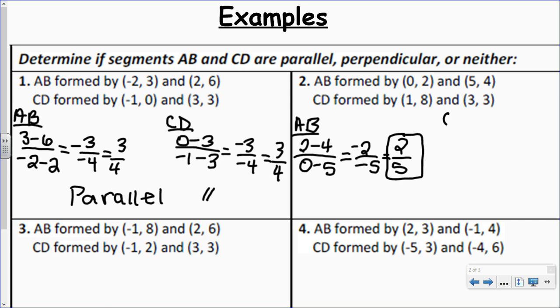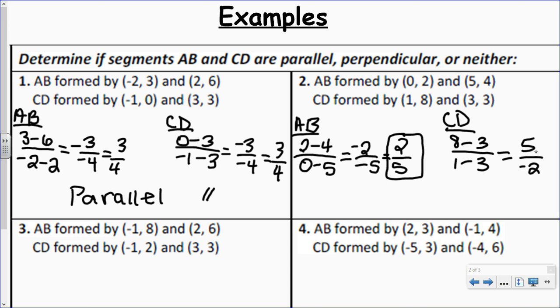So now let's find the slope of CD. So again, subtract the y's, 8 minus 3 over subtract the x's, 1 minus 3. So 8 minus 3 is 5, and 1 minus 3 is -2. So this is a -5/2.